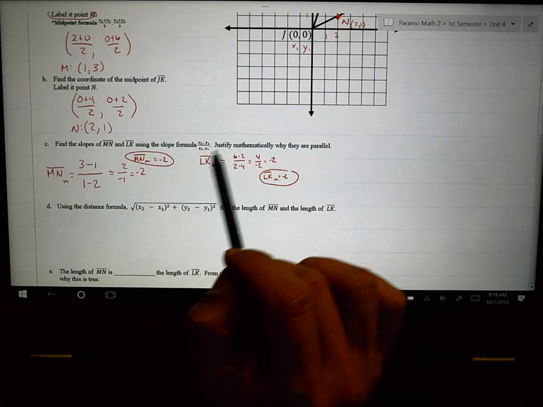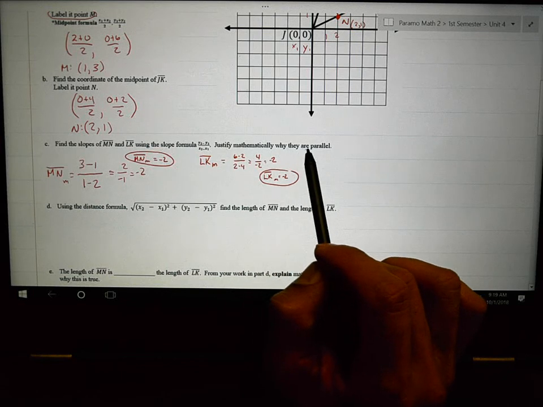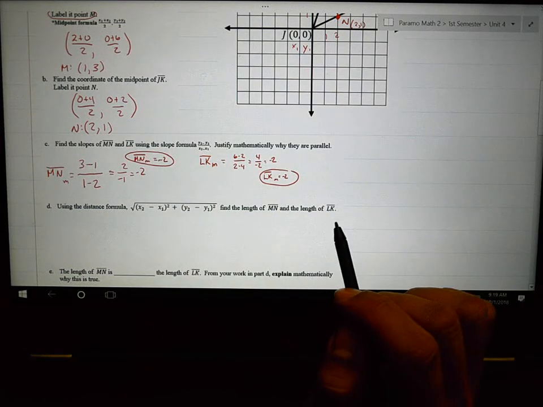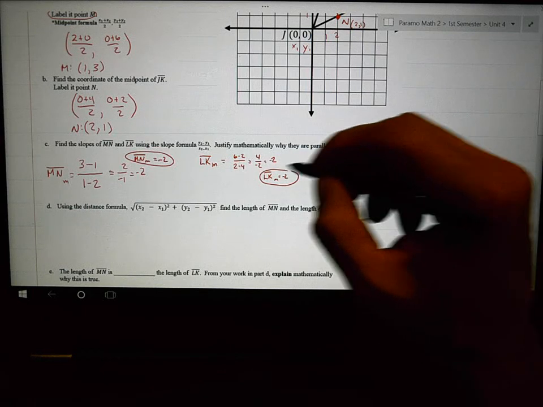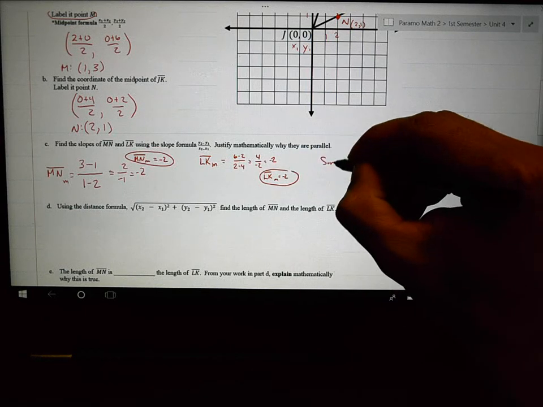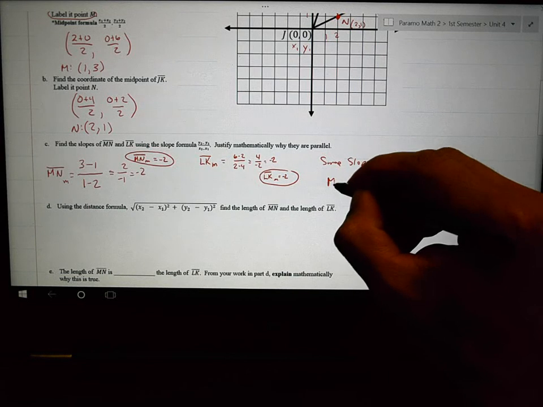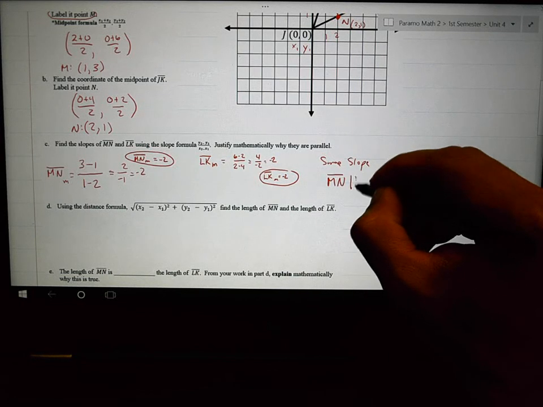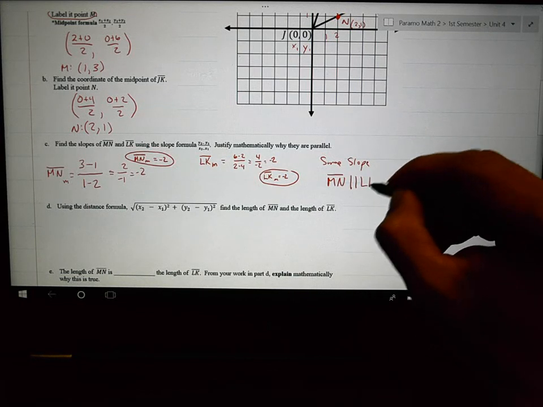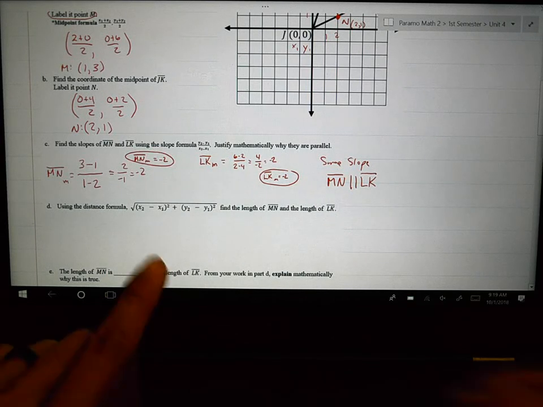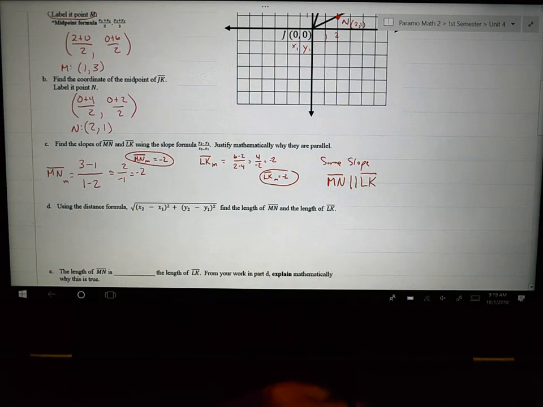Justify mathematically why they are parallel. Since they have the same slope, the two must be parallel. Mathematically, same slope, MN is parallel to LK. So I'm writing that down. I've already mathematically figured out what their slopes are.